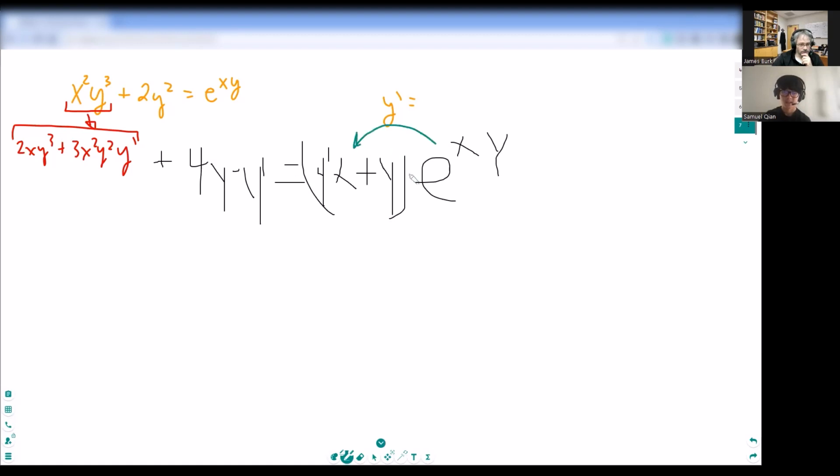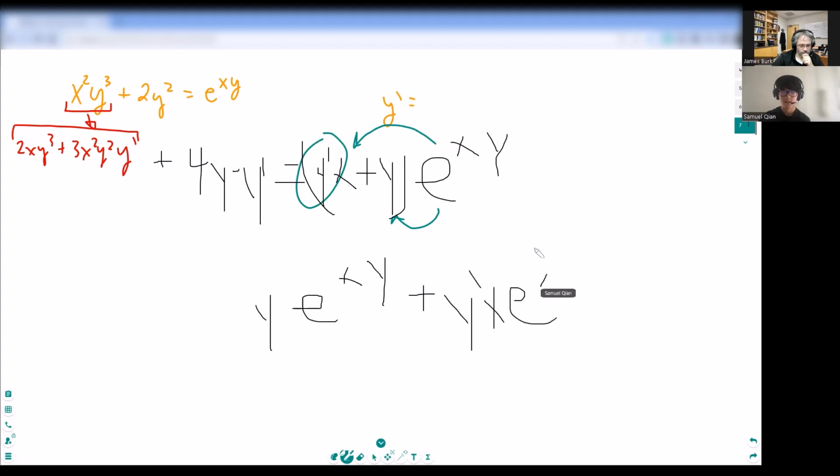Yeah, distribute and collect like terms. But why would I want to distribute? Because you can unlock the y prime. Yeah. So just isolating them all to one side. What would it be? It's plus, right? No, wait, there isn't anything here. Just like that.